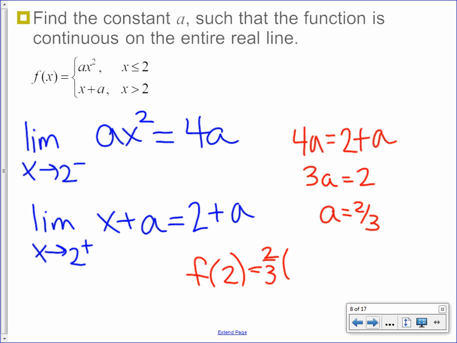So we would get 8/3. That's our function value, right? And if we look at our limits, they are going to be 8/3 as well, right?